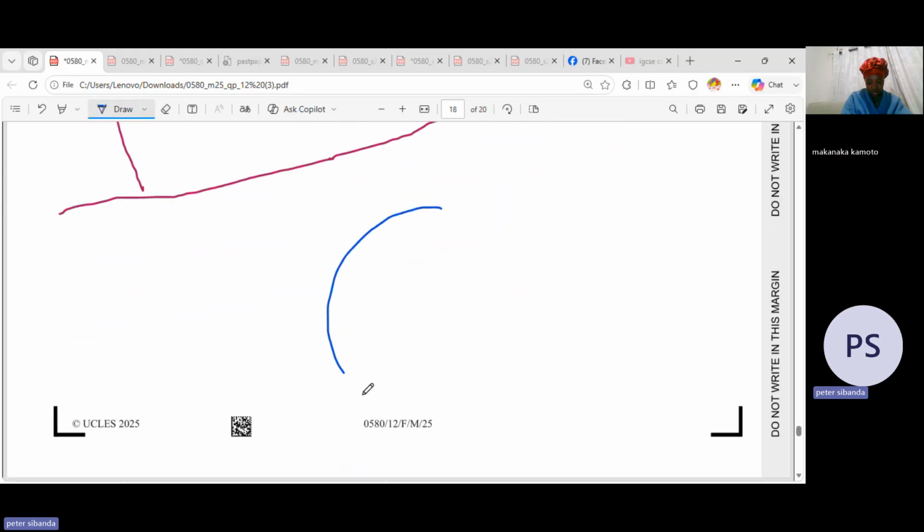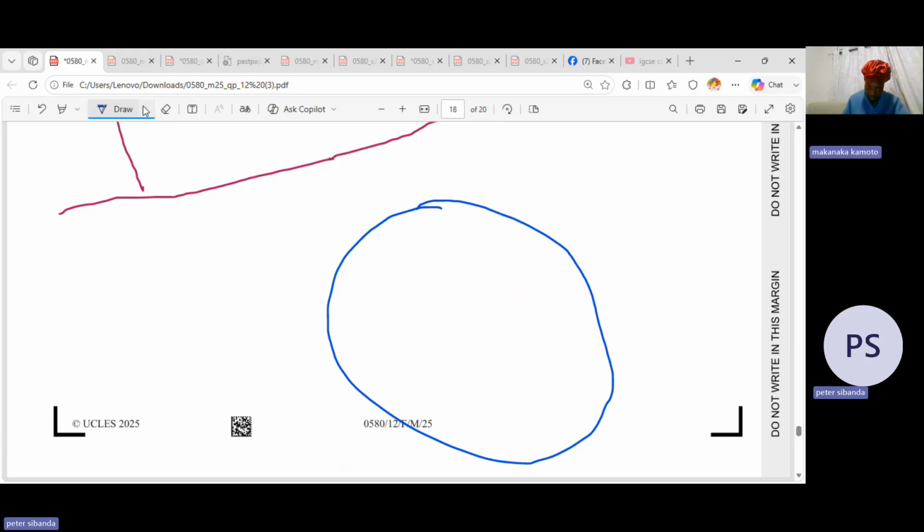If a circle is drawn, and then let's say we have got a tangent here.